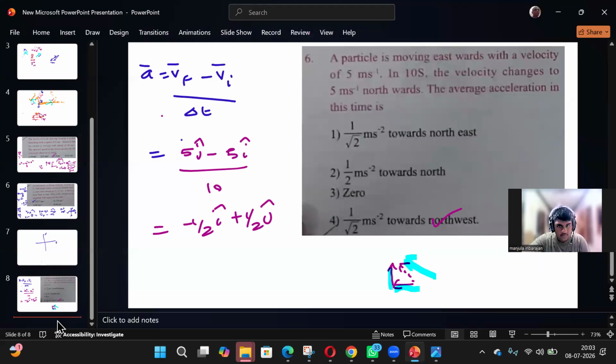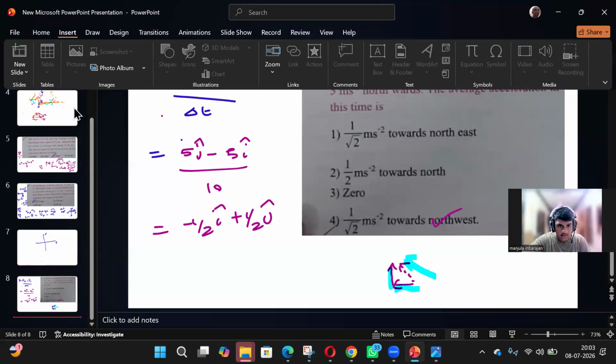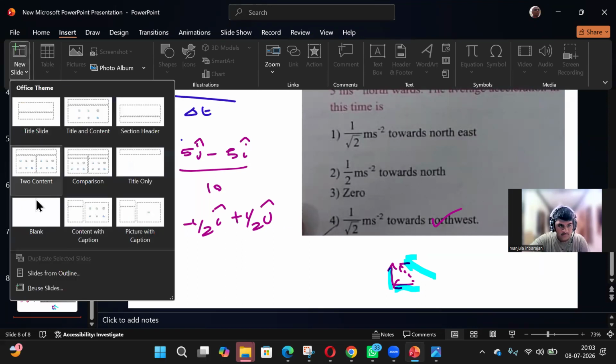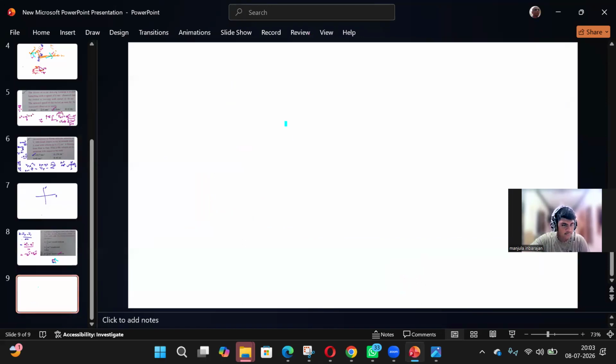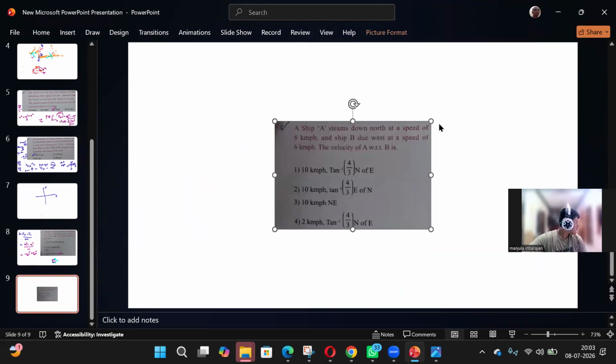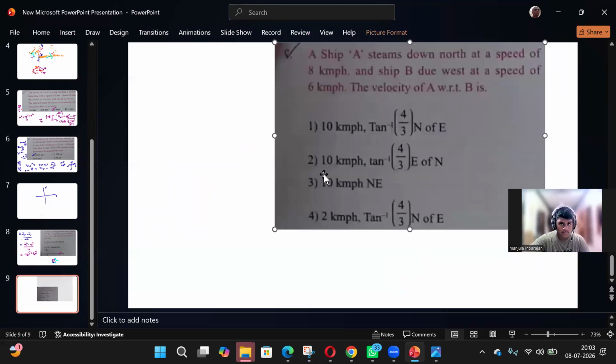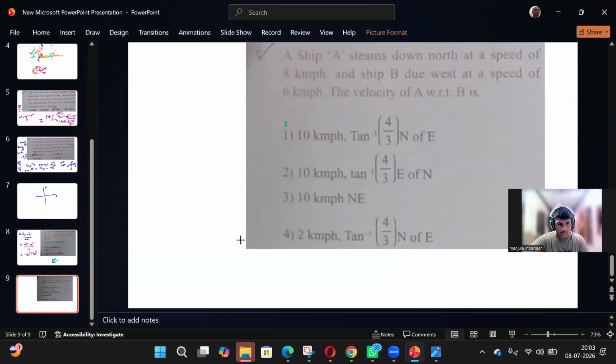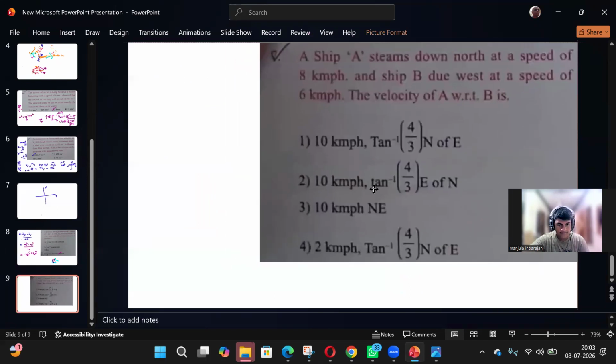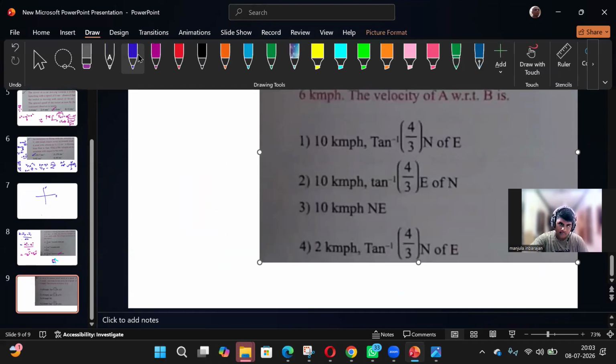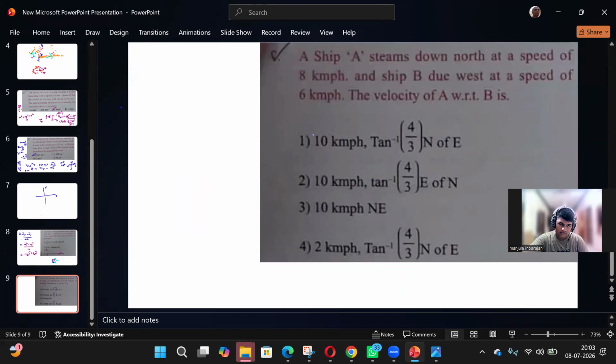Northeast means in the middle of north and east, average of north and east. This is VA, and then B is towards west.